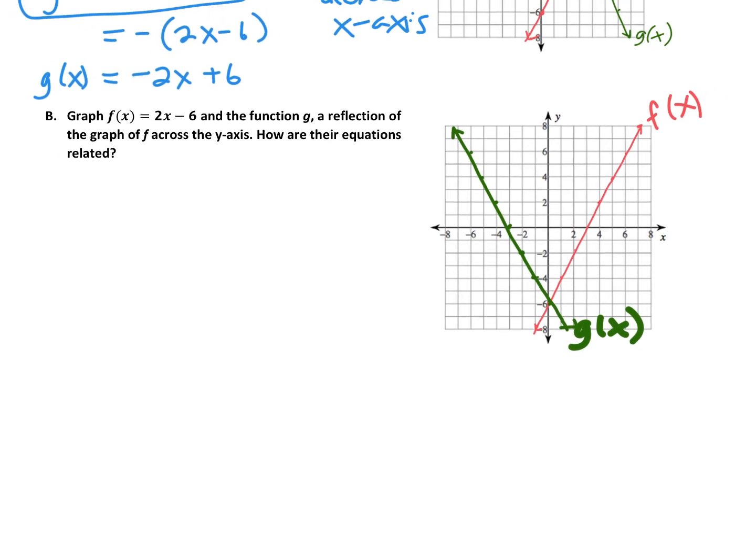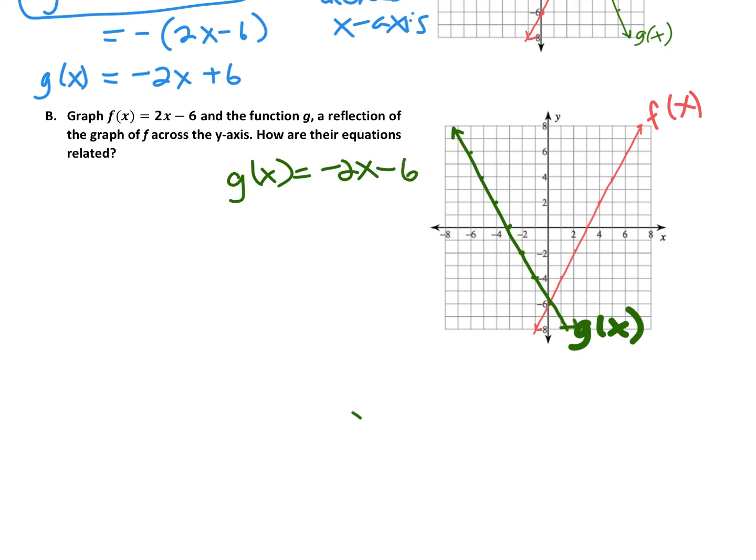Okay, how are the equations related? Well, again, we could figure out this equation right here. The slope is, if you go from one point to the next, down 2 to the right 1, down 2 to the right 1. So g of x is equal to negative 2x, and then our y-intercept was down at a negative 6.